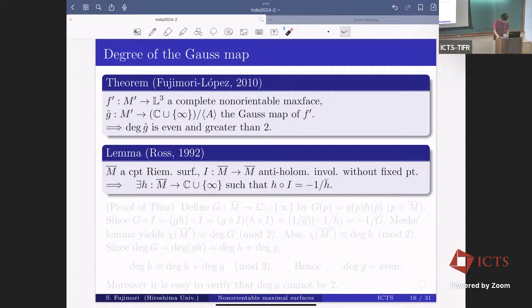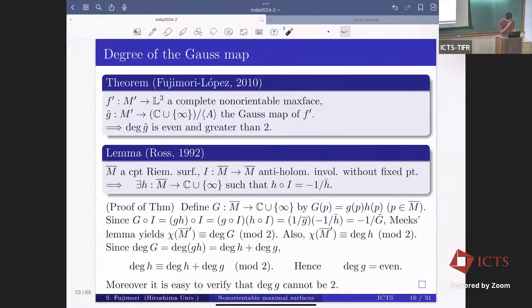So anyway, the lemma: let M bar be a compact Riemann surface and I an anti-holomorphic involution without a fixed point. Then there exists a function h such that the composition of h and I is minus 1 over h bar. Okay. So we apply this lemma to prove this theorem. So first, in this setting, we have this I. By using the lemma of Ross, we have this h.